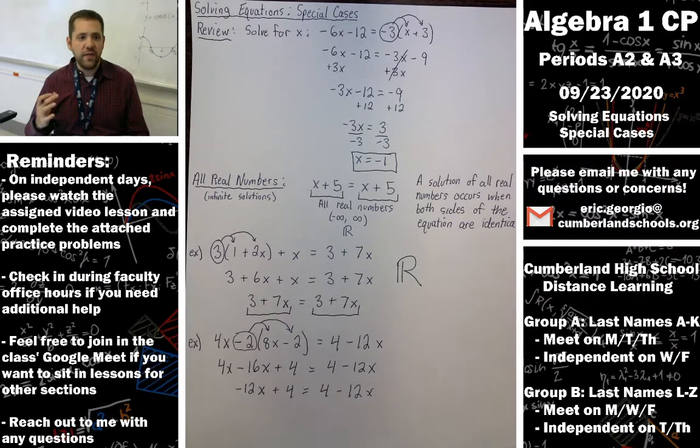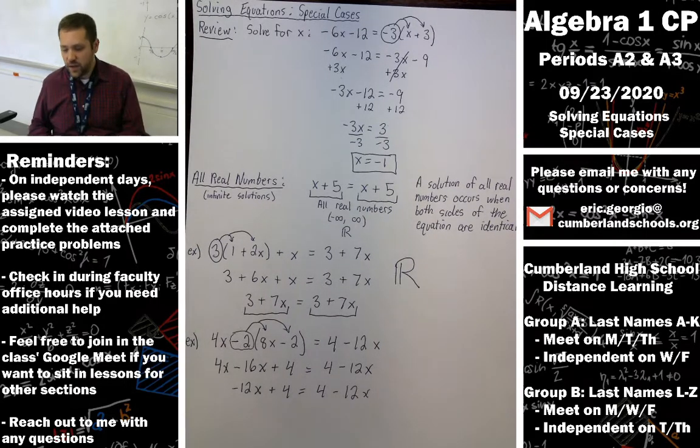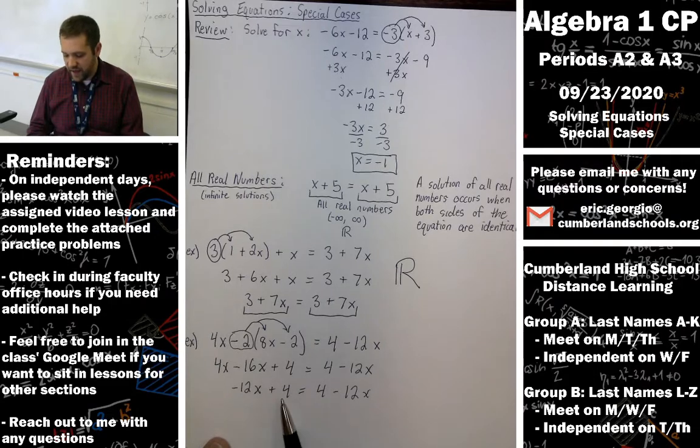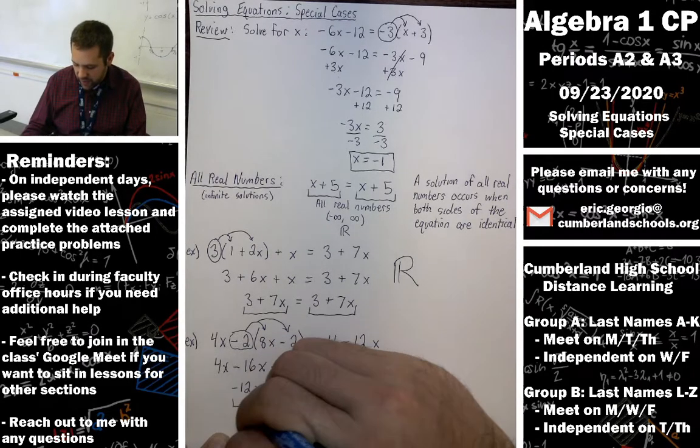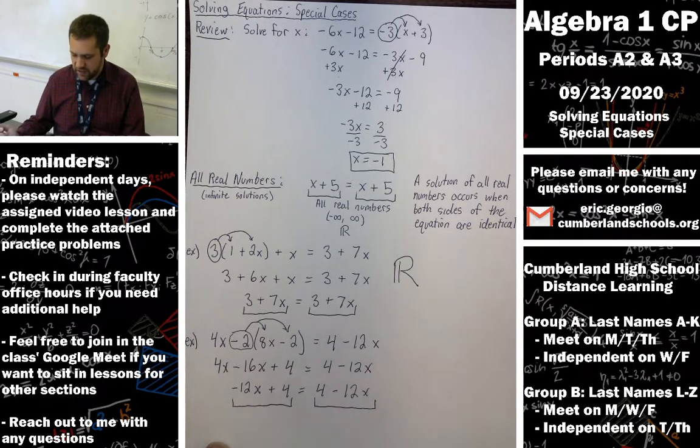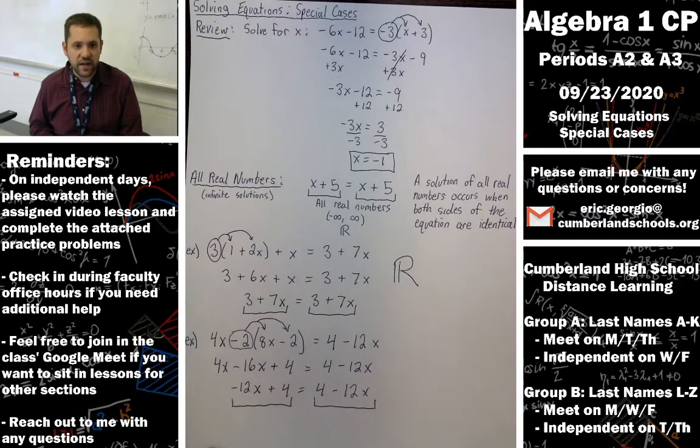Well, by the commutative property, if you don't remember what that means, we can switch things around freely. These are really the same exact thing, right? -12x plus 4 here, -12x plus 4 here. Yes, they're written in opposite orders, but they're still the same thing. If you prefer to switch those around and say -12x plus 4, be my guest.